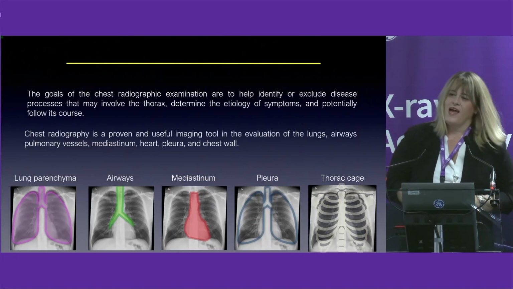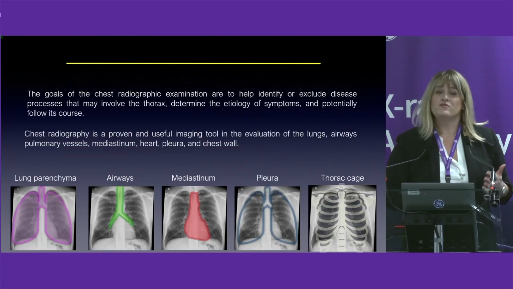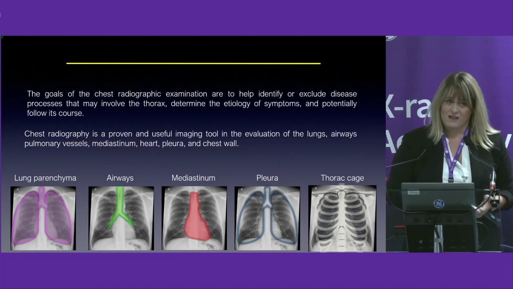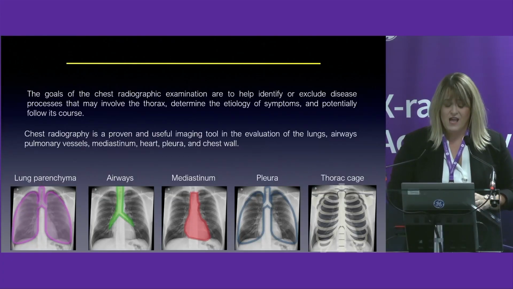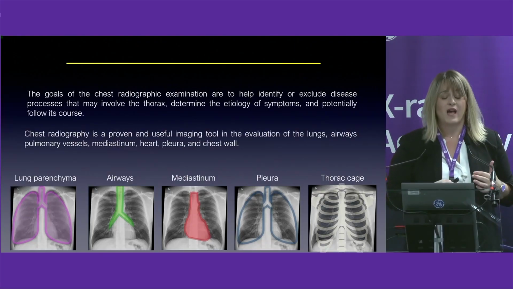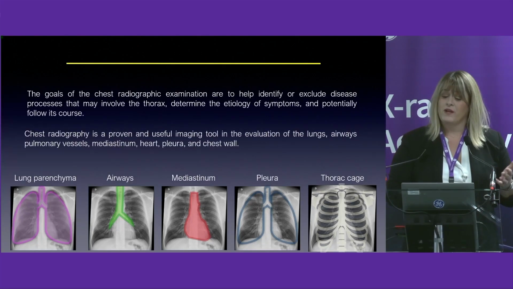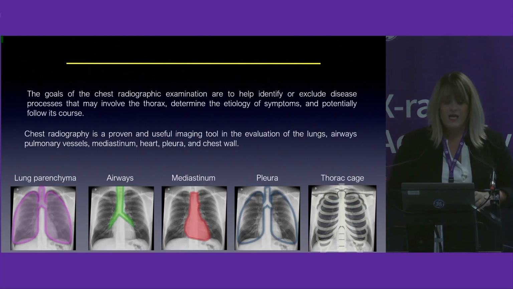As Matthias said before, chest X-ray is the most common imaging modality for known or suspected chest diseases. The goals of the chest radiography examination are to help in identifying or excluding disease processes that may involve the thorax.